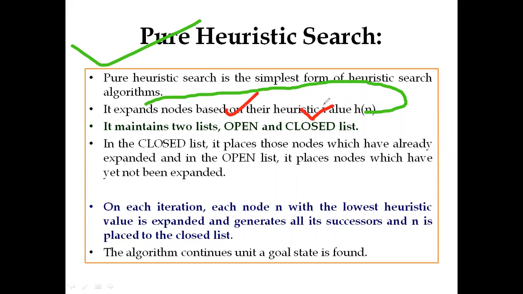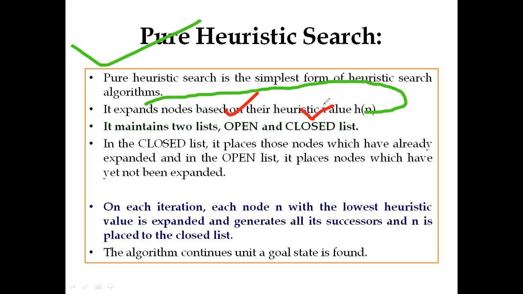I hope you know what a list means. Probably in the data structure paper you are already familiar with the term list. It is a kind of data structure we keep for organizing data in a proper way.